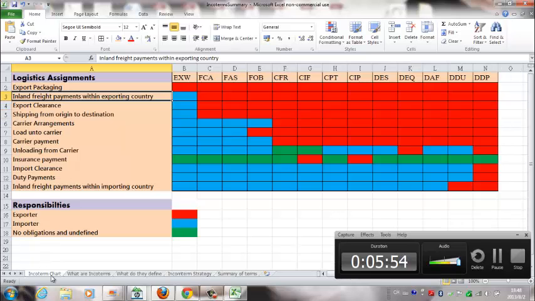So, if there's an in-demand importer, and the exporter decides to offer the terms of trade being the D arrangement, you can see here that the exporter will take over the responsibilities and probably relieve some stress on the importer side.